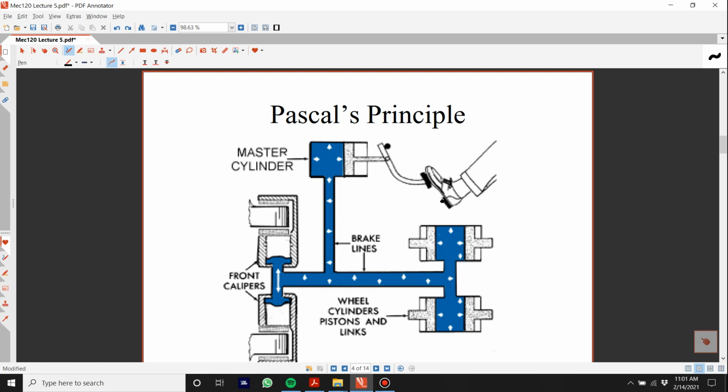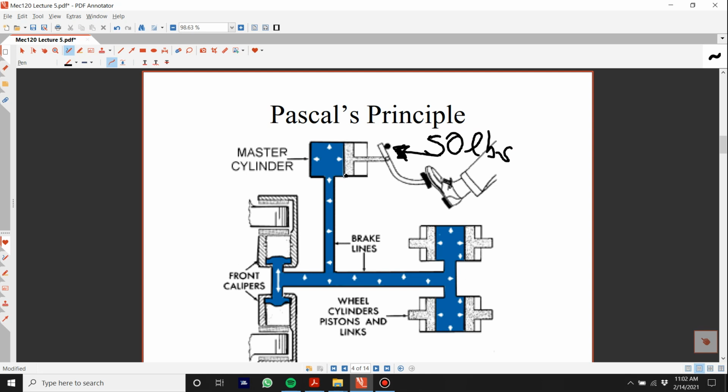So you're driving your car, and we have a cylinder here with a piston, and you can easily apply a force. Let's say you're a weakling like me. We can easily apply 50 pounds of force with our foot.